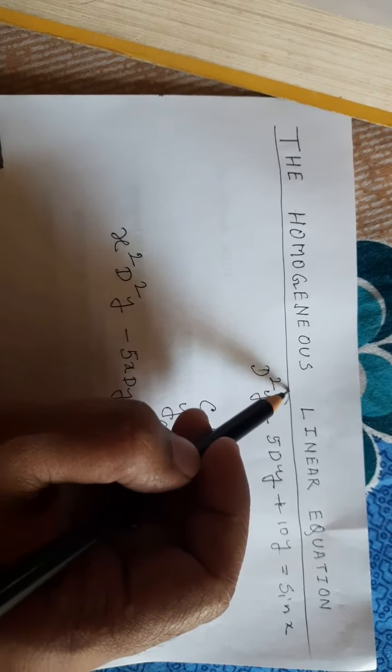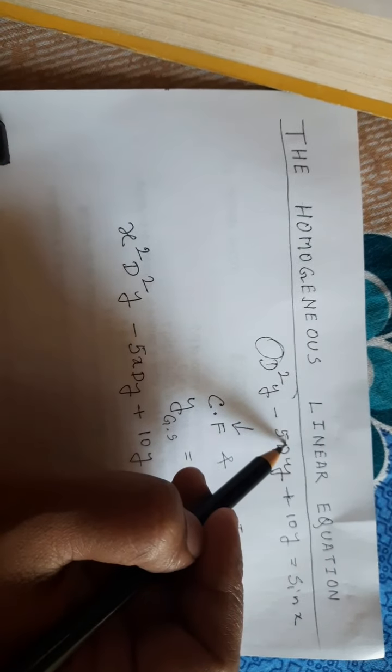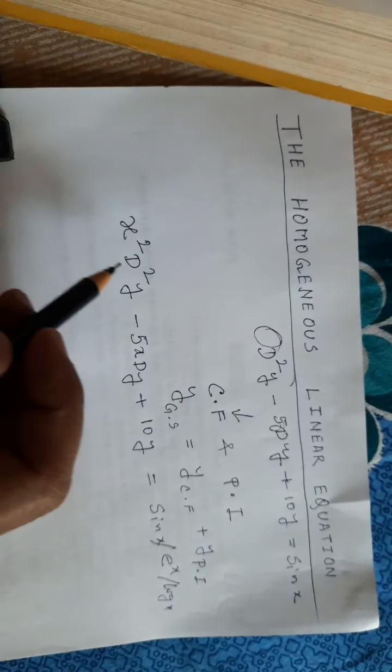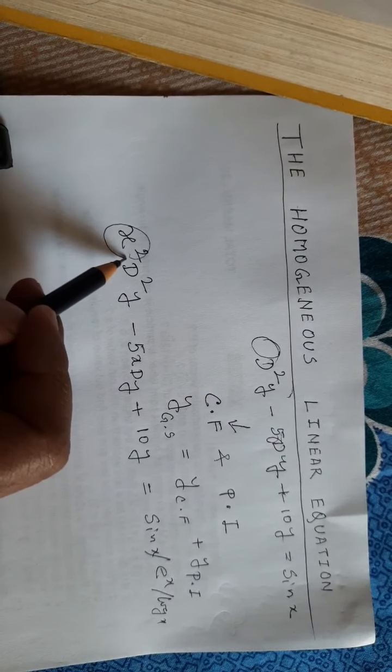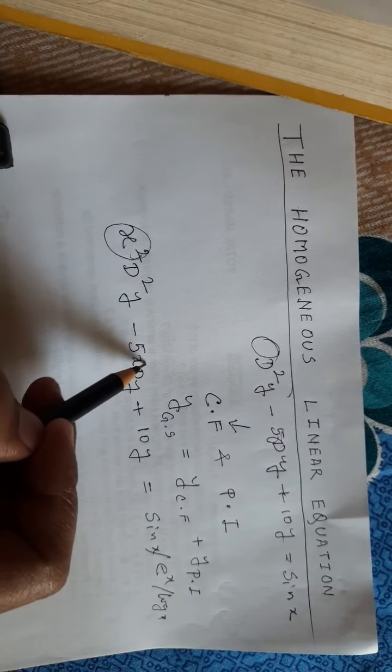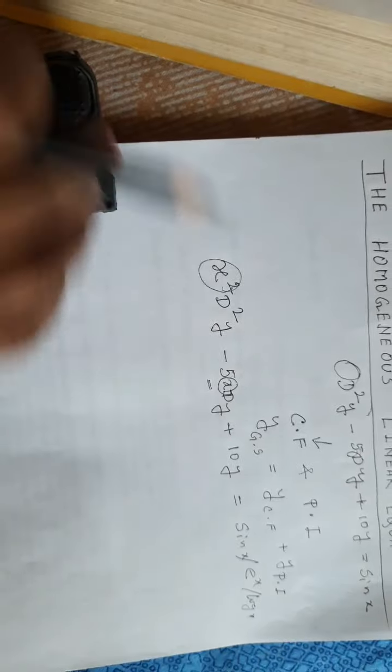There are no x square terms or x terms in the first, but here you can see there is x square, there is x.